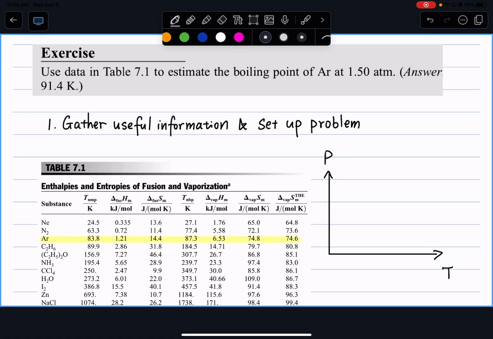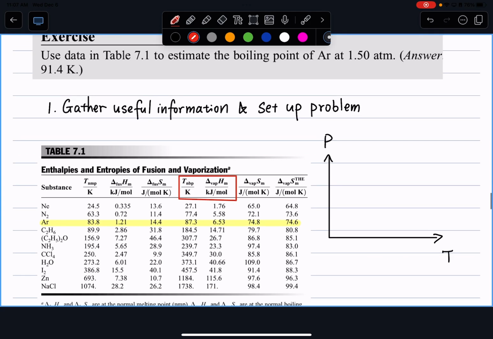One of the things we know in the table is our normal boiling point temperature and also the vaporization delta H. So we already know what the normal boiling point is. So we can put our normal boiling point, T normal boiling point, and also the corresponding pressure, so we know this is 1 atm.